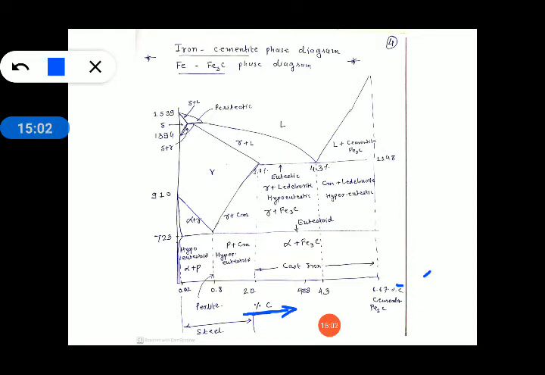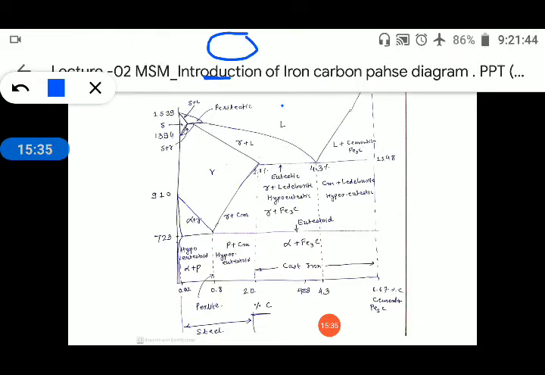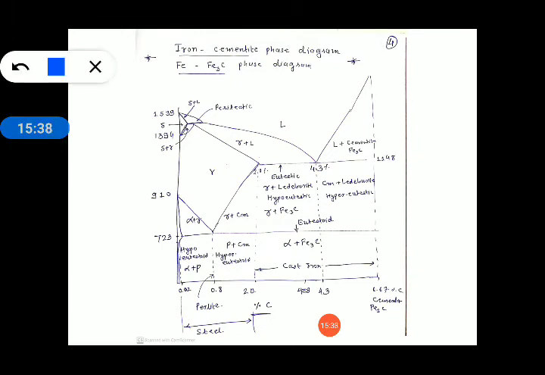At 6.67 percent, Fe3C is there. This is the line of the single phase Fe3C compound, which is known as cementite. Cementite has 6.67% of carbon.